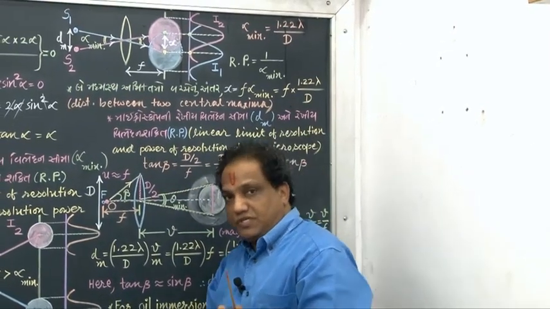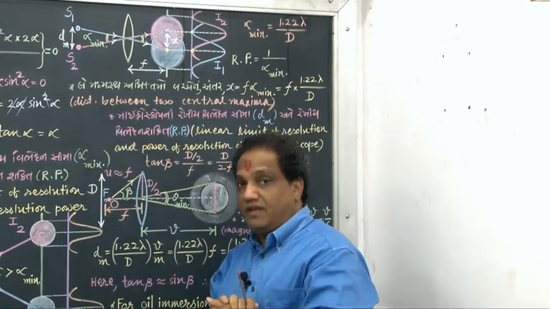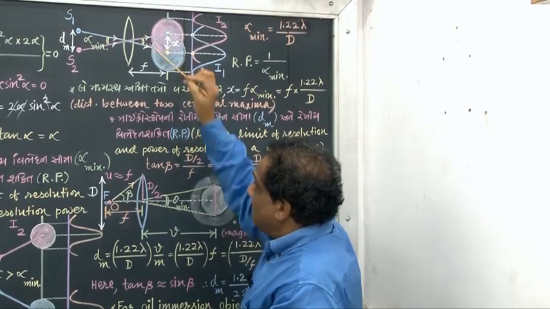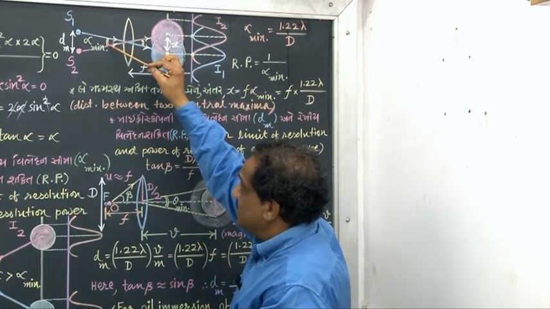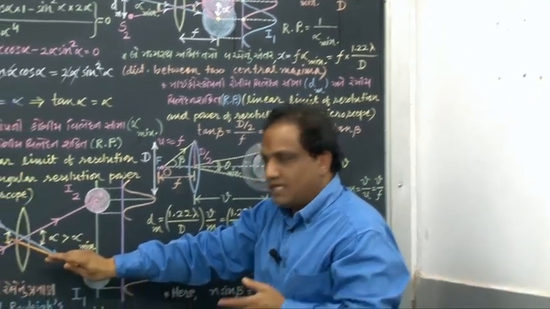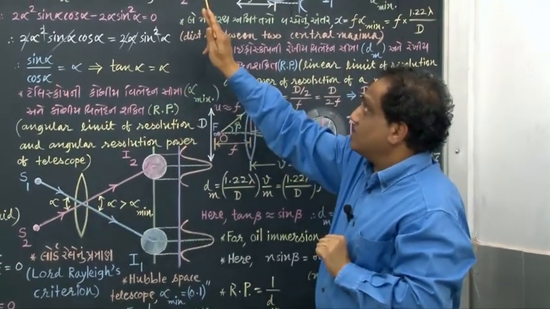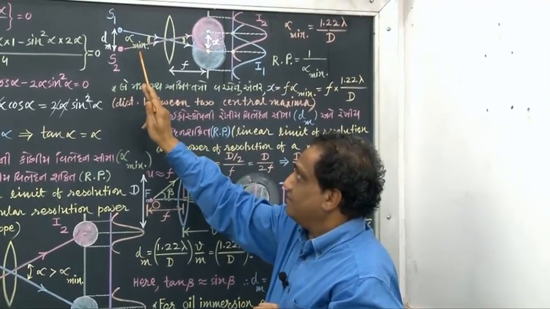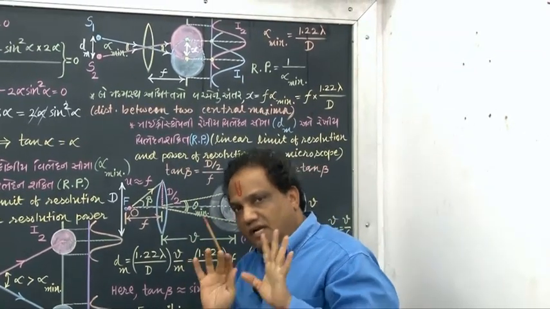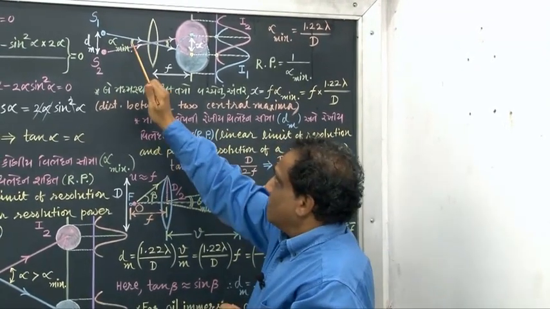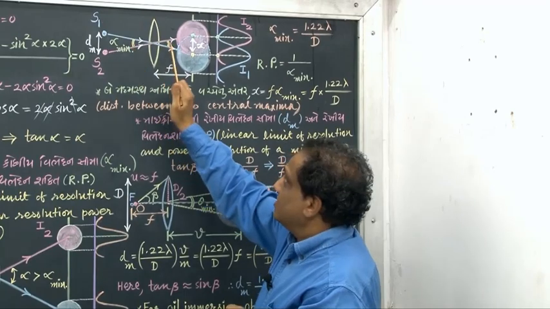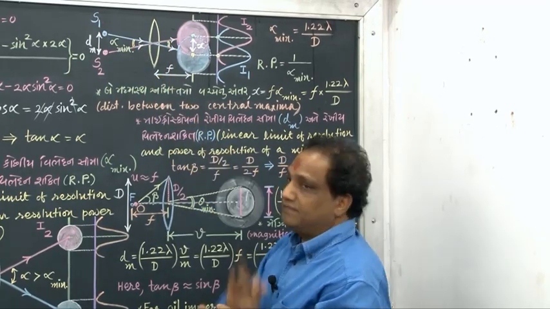Just look in the figure very minutely. This angle is found to be smaller than this. Suppose that angle we show by the symbol alpha minimum. Whatever this angle is, the same is this angle, vertically opposite.